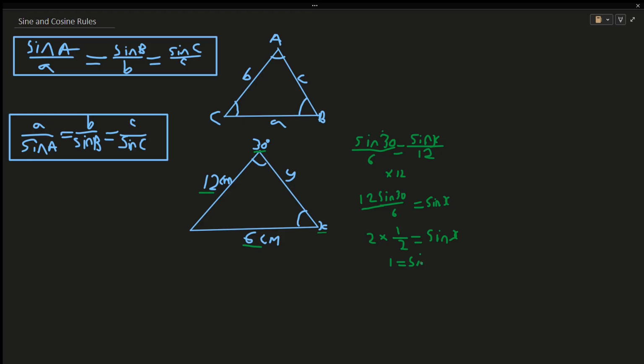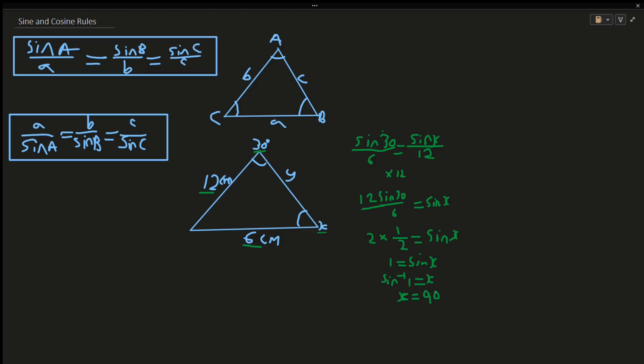Now we want to find what x is, so we need to use the inverse. So sine inverse 1 is equal to x, and I'm just going to write x on this side to make it look nice left to right. The inverse of sine 1 is 90, so 90 degrees.